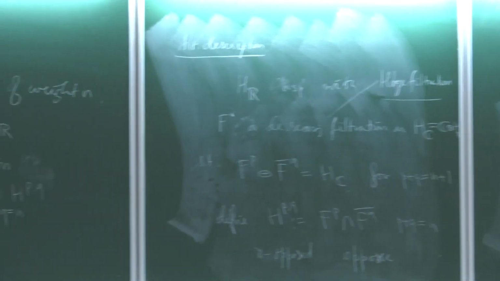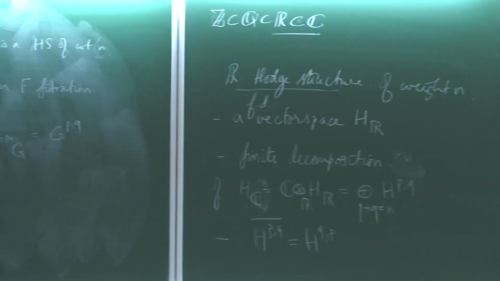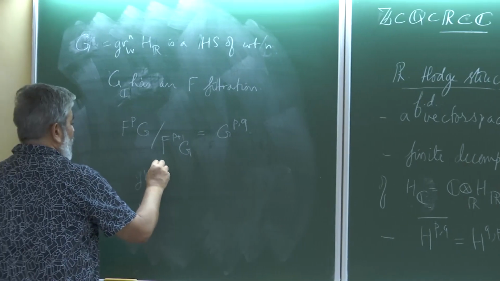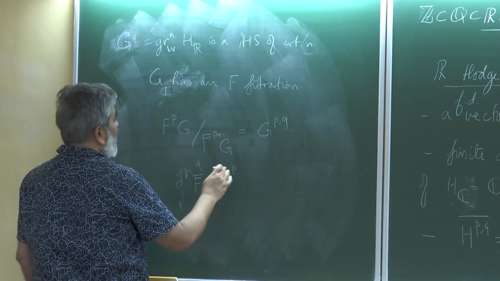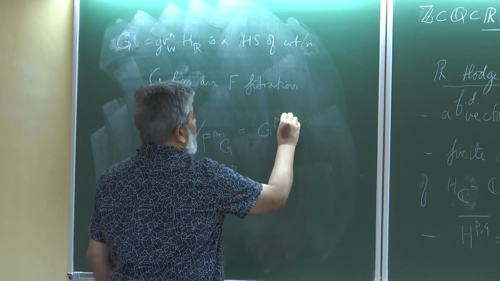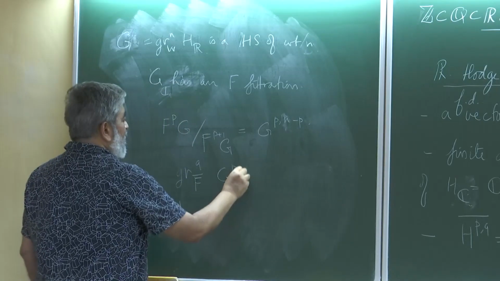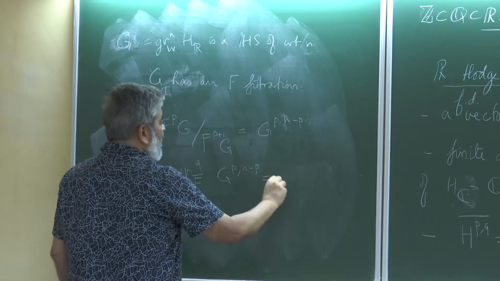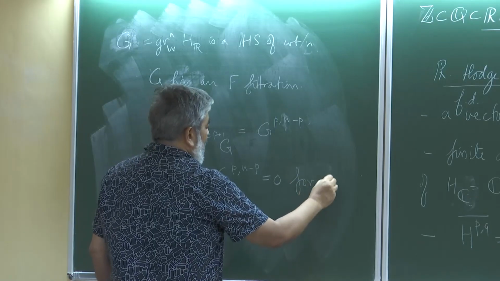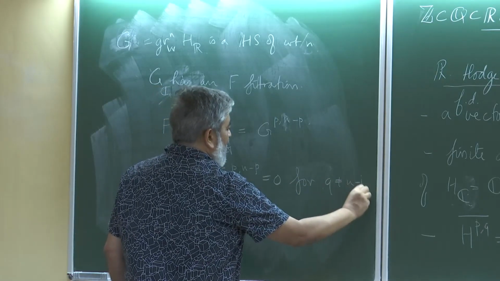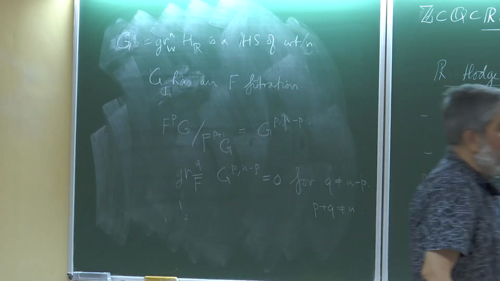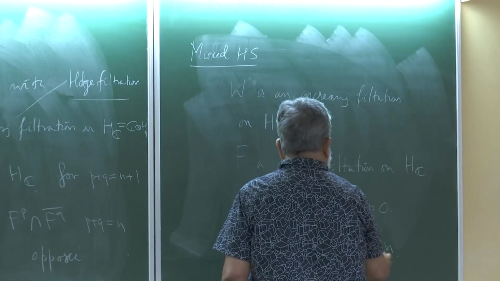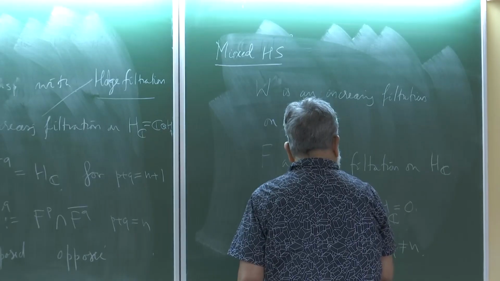So therefore it's clear that if I look at grade F bar Q of GPQ, well, Q is coming out the same here. So Q n minus P, P n minus P is 0 for Q not equal to n minus P, which is the same as saying P plus Q not equal to n, right? So unless P plus Q is equal to n, or 0 if P plus Q is not equal to n, maybe it's better.